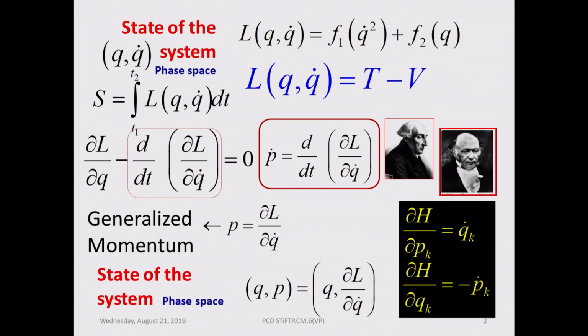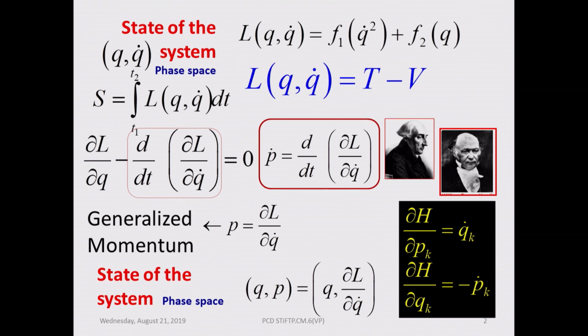But never write the Hamiltonian straight away as T plus V. Always set up the Lagrangian for the system first, okay? Always, as a rule, whether you are doing classical mechanics or quantum mechanics, always set up the Lagrangian first. The Lagrangian will be in terms of the generalized coordinate and the generalized velocity.